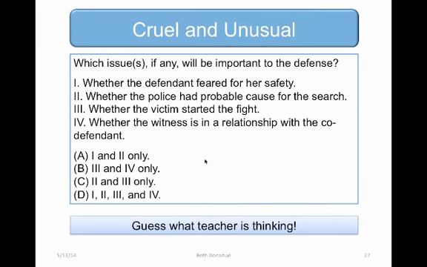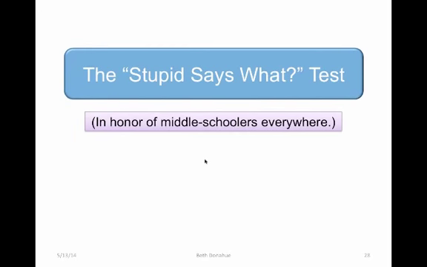Well, that obviously could depend on the circumstances and the strategies of whatever lawyer. I've not put in the facts here of this question, but you could imagine a lot of good lawyers disagreeing about what's important. So you really are asking students to guess what the teacher would say is important.